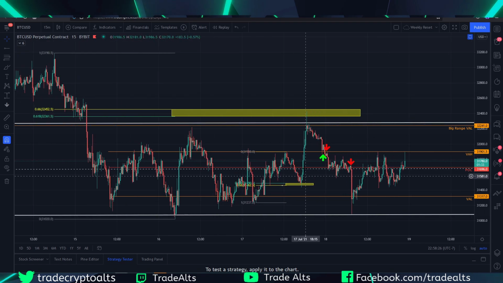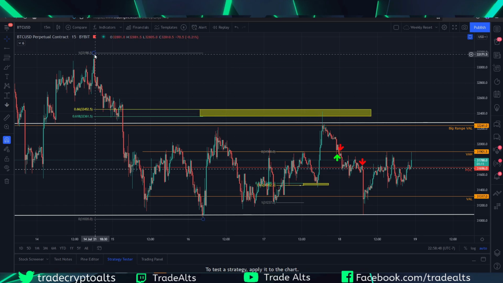But anyway, we had this nice impulsive move. We came up basically to the top of this channel that we've been in. You have the value area low of the last 2 full months of price action, so a critical level. To top that off, we also had the golden pocket of this swing high here at 33,190 all the way down to your swing low of $31,020.